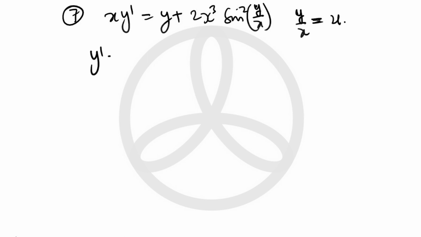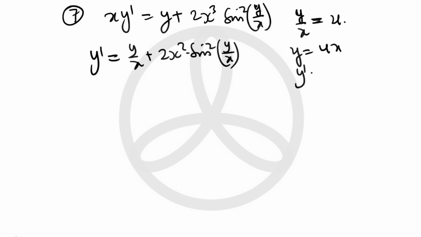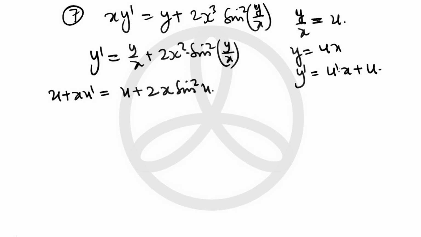So we find y prime is equal to y/x plus 2 x square sine square y/x. Now if we assume y is equal to ux, or y/x is equal to u, our y prime will be u prime x plus u, okay, and this we will shift here, so we get x u prime is equal to u plus 2 x sine square u.